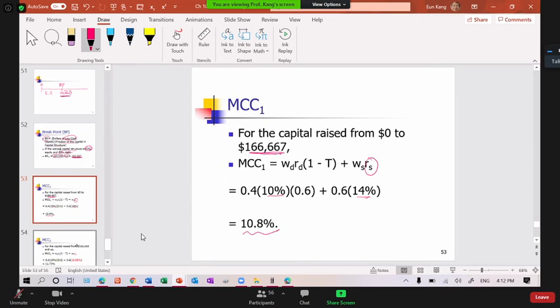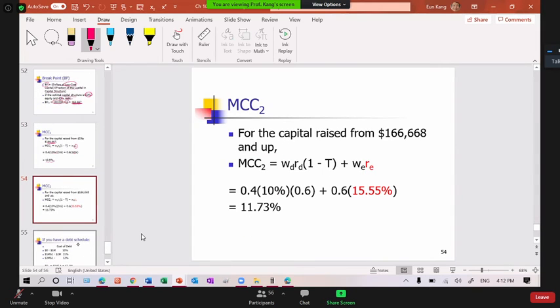But after the breakpoint, that is after this one, the component costs go up, to 15.55%, reflecting flotation cost.